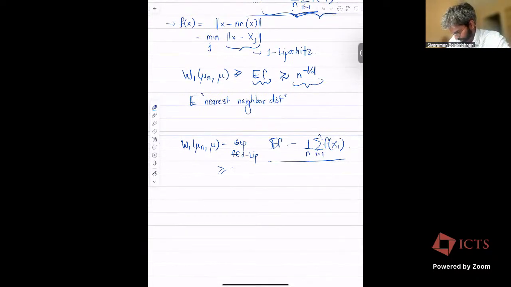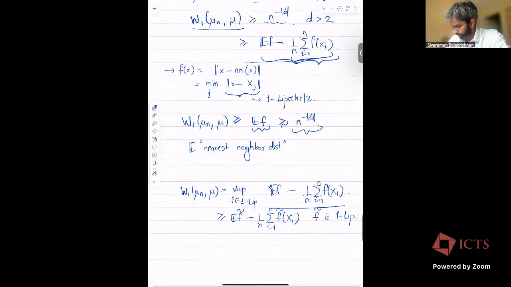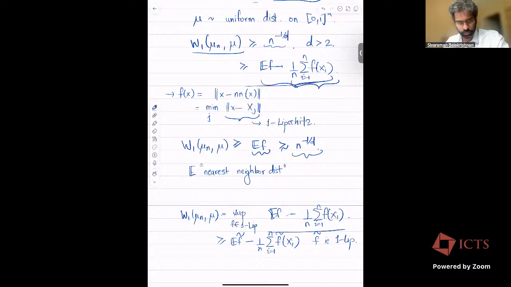I can take any one-Lipschitz function that I like, let me call that F tilde, provided F tilde is Lipschitz, right? So the supremum is at least as big as one of these, and now I will choose that one function, and I'm particularly choosing this function.